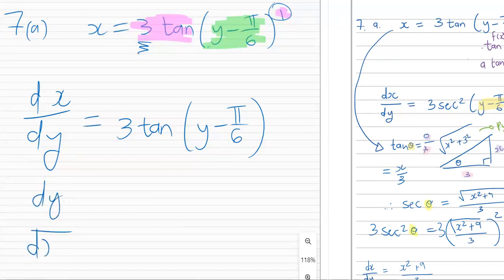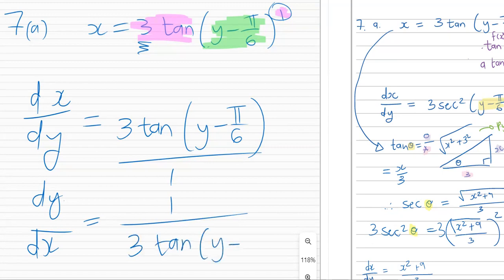So dy dx is equal to, if this was all over 1, 1 over 3 tan of y minus pi over 6. Now, I just wanted to go through all of this because this is what my students and myself would do in an exam. If you practice, this is what most of my students would go for.